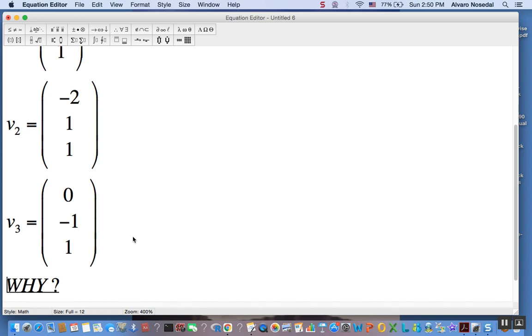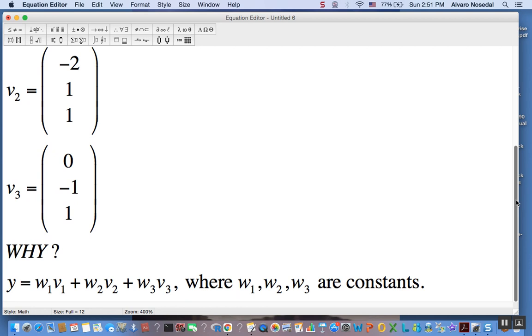I claim that these guys are orthogonal, and I want to again remind you that we're going to be interested in the idea of orthogonality and eventually in orthonormality, because we want to be able to express y, a generic vector, as a linear combination of a set of vectors that form our basis.